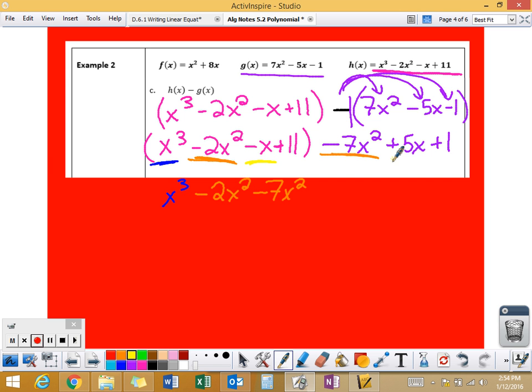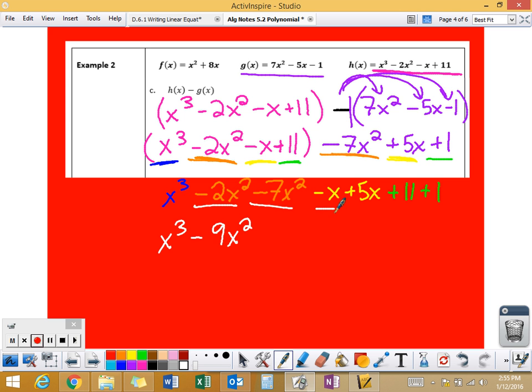We've got negative x and positive 5x. Negative x plus 5x. And lastly, we have the constants at the end. So we would have positive 11 and positive 1. So let's combine the things that are similar. So we get x to the third by itself at the beginning. Negative 2 minus 7, which is negative 9.